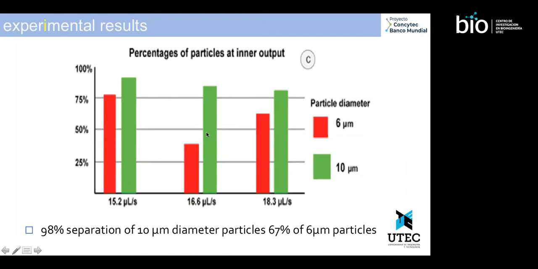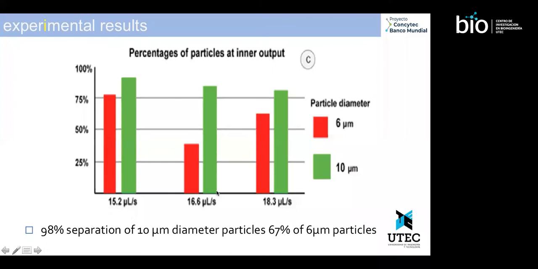So we need it in the inner outlet. So the 16.6 microliter gives you the best separation. So this is the speed which is optimal for this experiment.